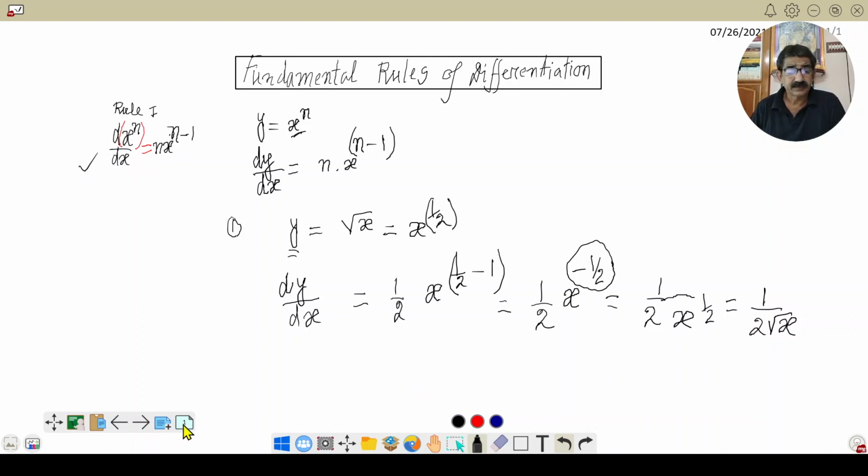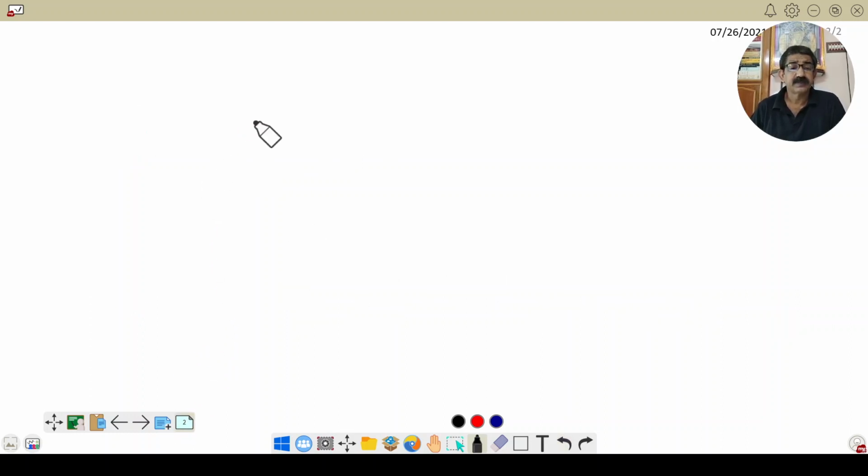Next, another example. Suppose y is equal to ax square plus bx plus c.